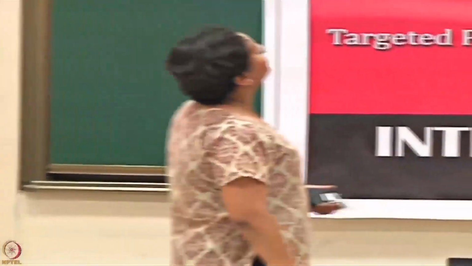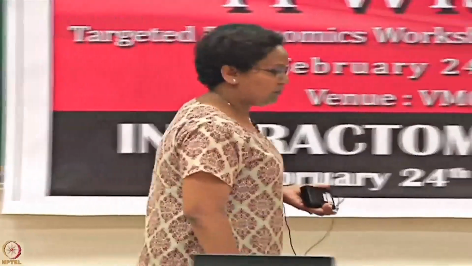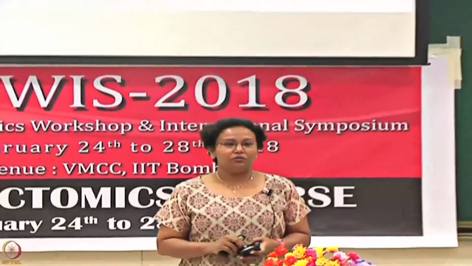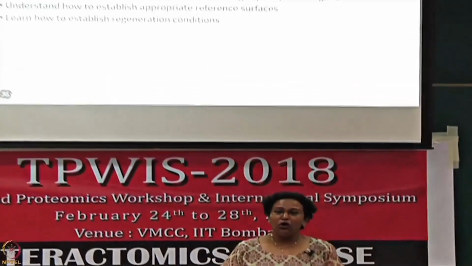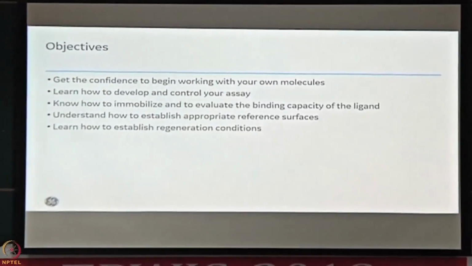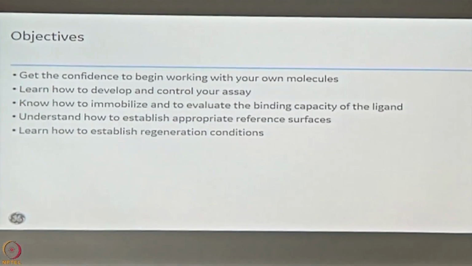So, coming to the objectives of the lecture. Like I said, we will talk about the assay development part, what you would do when you first would like to set up a Biacore assay. What are the optimizations that you would like to do, what the assay looks like, then which one can be a ligand, what can be an analyte, what the different reference surfaces are that you can use, and, very important also, regeneration.